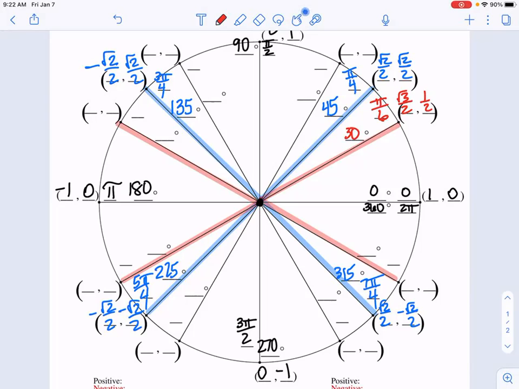Okay. Over here, in the second quadrant, if we are 30 degrees away from the x-axis, 30 degrees away from 180 would mean we have a measure of 150. And what about pi over 6 away from pi?